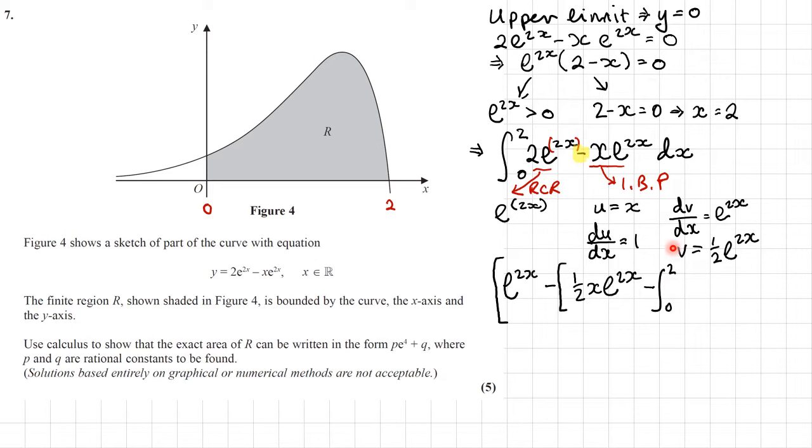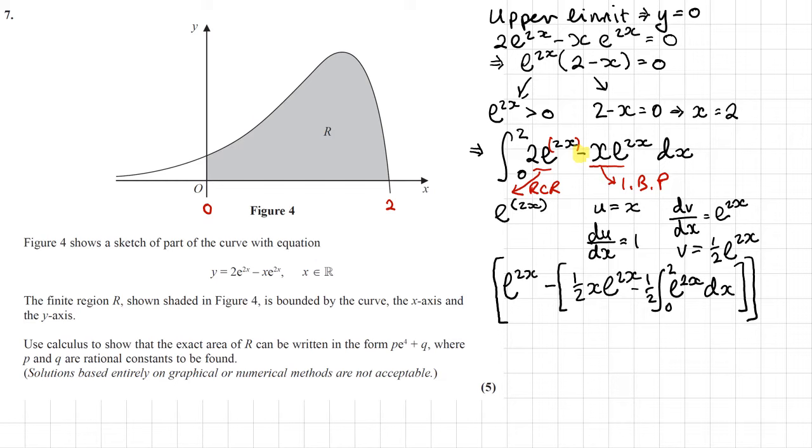So v is this, du dx is just 1, so we've got half e to the 2x. So I'm going to put the half in front of the integration sign, and then I've got e to the 2x. So you should always end up with an easier integral. Okay, and then that whole thing, once I've done the integration, is going to have limits of 0 and 2.